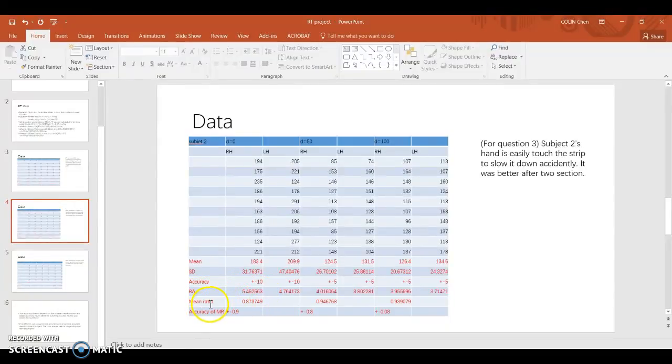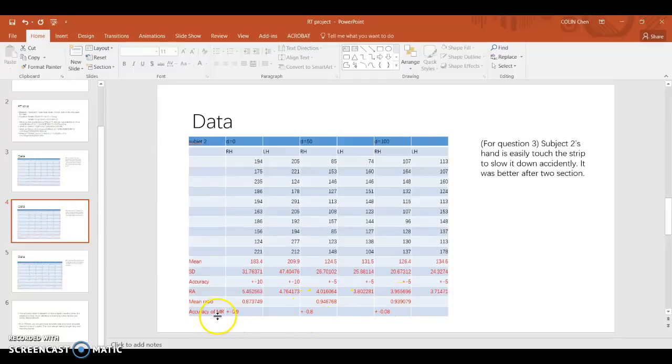And for the mean ratio, I use the mean value of his right hand divided by the left hand, because his dominant hand is the right hand, and then get the number.